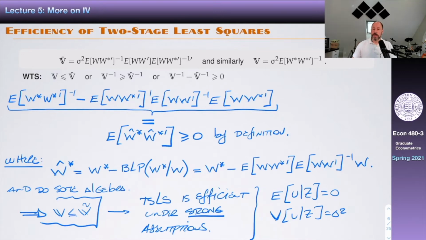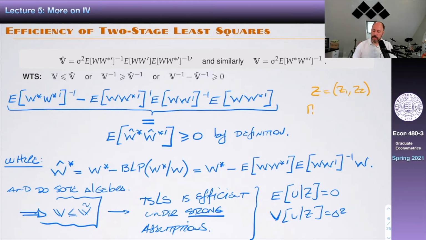Okay, that's actually a good question. It's true. Suppose that Z here is just Z1 and Z2. So you have two instruments and one endogenous variable. You can just use the instruments separately.